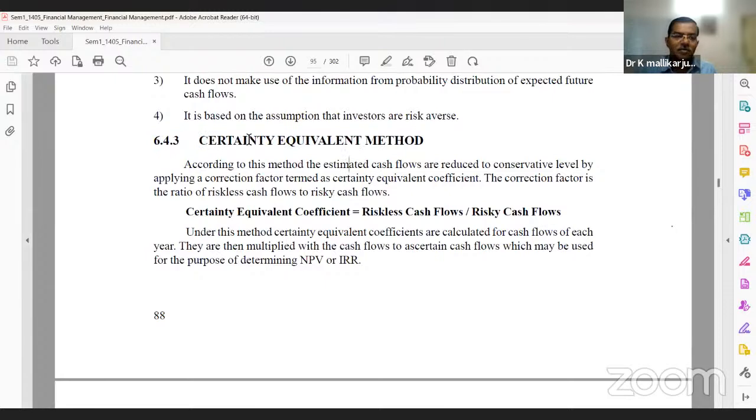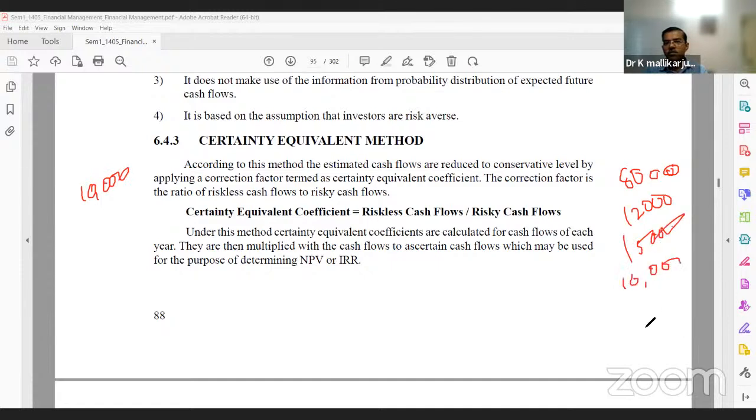Next is the certainty equivalent method. It asks what the chances are of getting the amount. Suppose you invest 10,000 rupees and the estimated cash flows are 8,000, 12,000, 15,000, 12,000, 10,000, and 8,000. What are the chances of getting each?